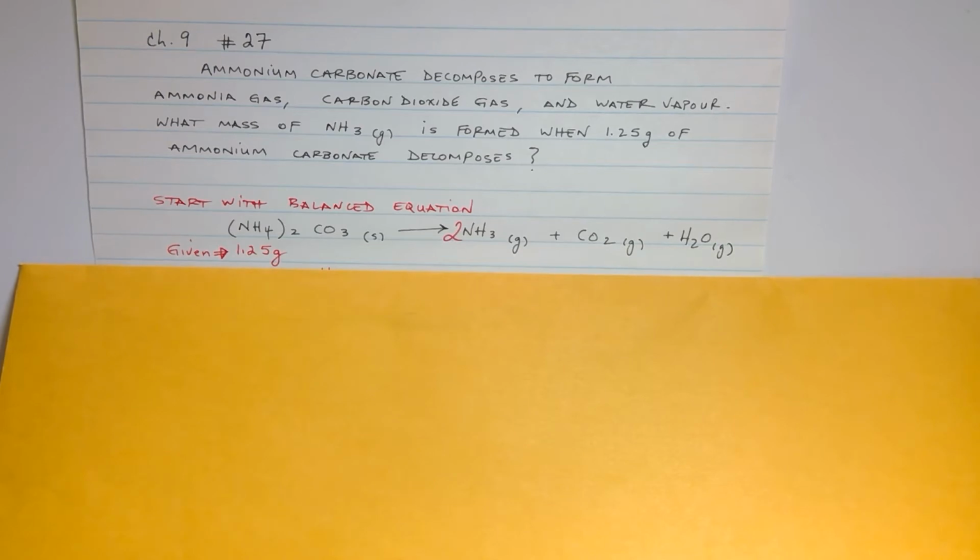It's the solid. It's decomposing to form these three gases. You see the driving force here is the production of gas, for sure. At first, it may look a bit intimidating to balance this. And I skipped over this part here, CO2, H2O, of course you know, carbon dioxide and water.